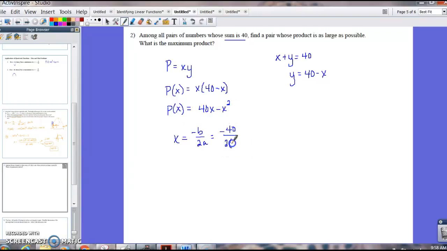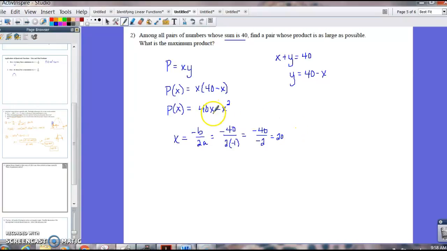Over 2 times negative 1. So it would be negative 40 over negative 2, which gives me 20. So when x is 20, that number is one of the numbers that's going to make my product as large as possible.